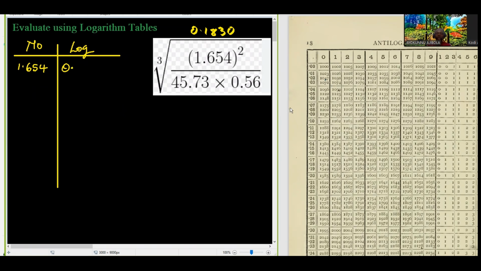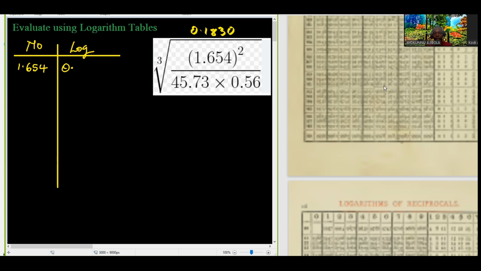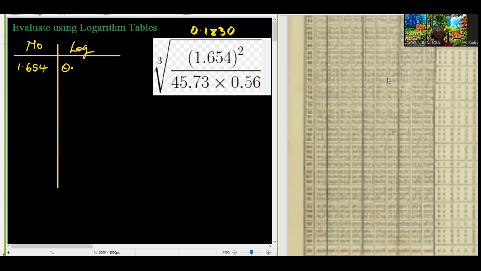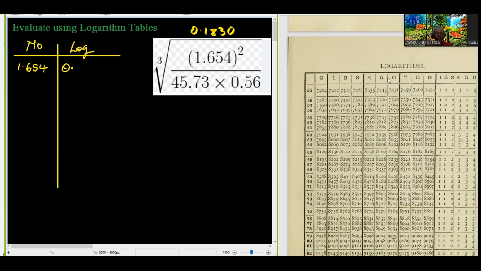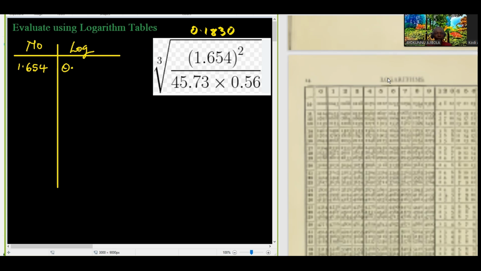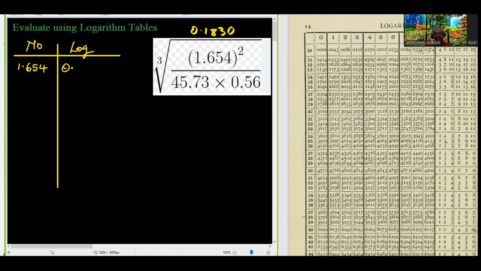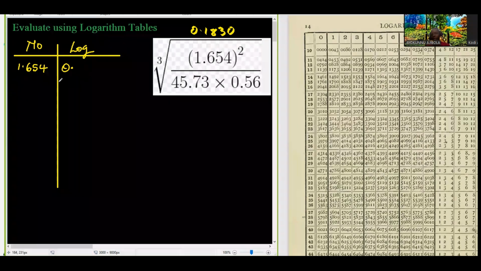Then we'll go and check logarithms. 16 under 5, difference 4. So 16 under 5 just means 21.75, and difference 4 is 11. So this should be 21.86.